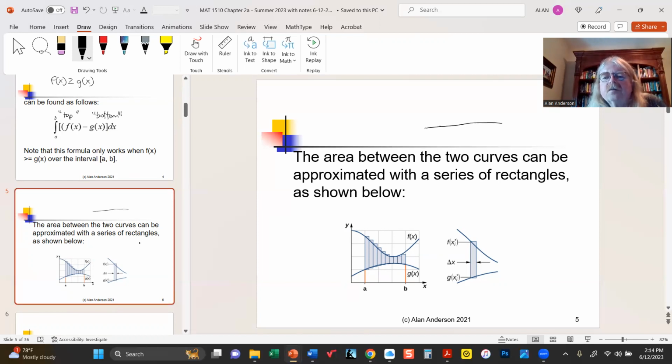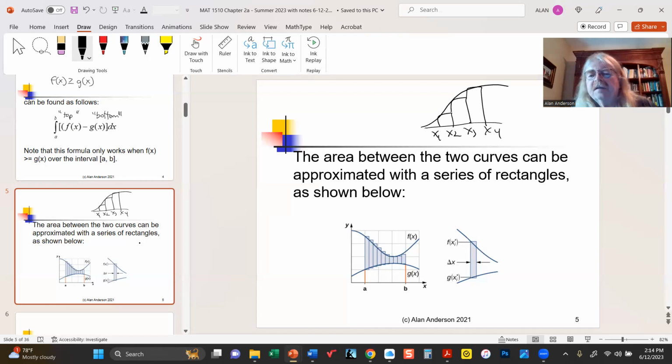And now remember, with these rectangles, the height of the rectangle depends on whether or not we're using the left endpoint or the right endpoint. Okay, so we have x1, x2, x3, x4. The height of the curve is either, in this case, x1 or x2. Well, the way I've drawn it is x2 here, but either way, you're going to have a series of rectangles.